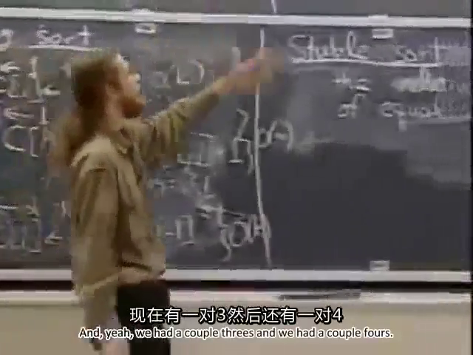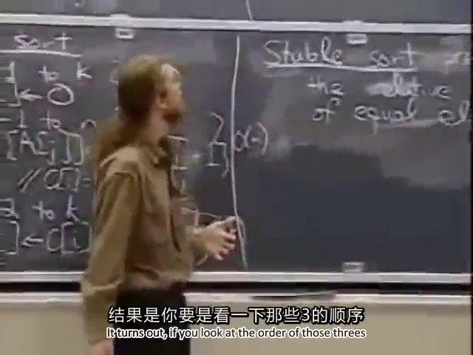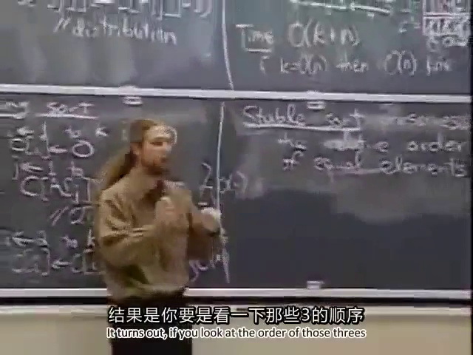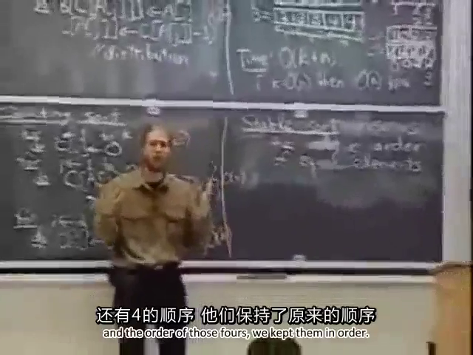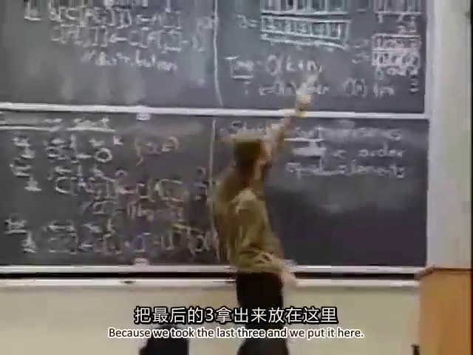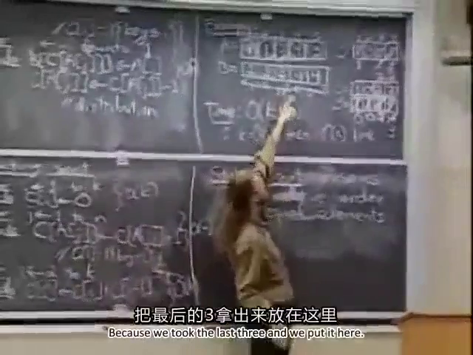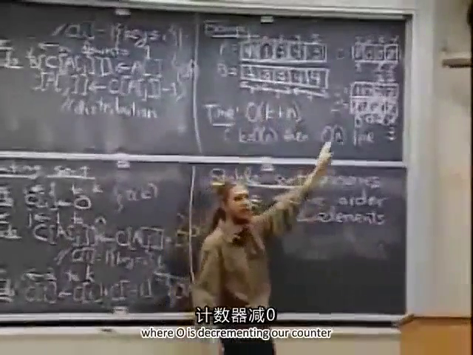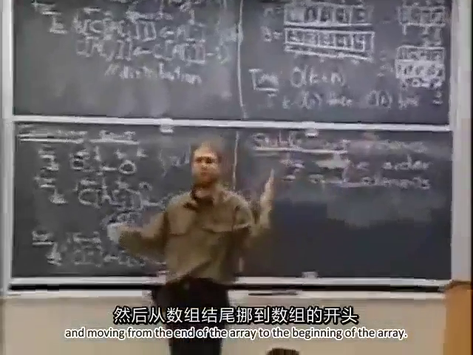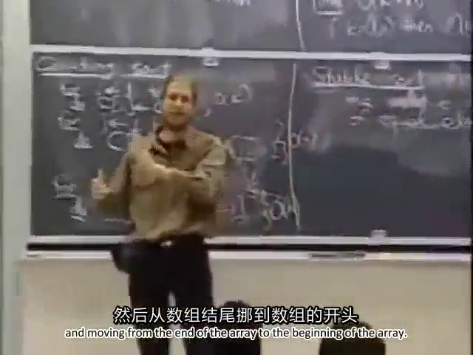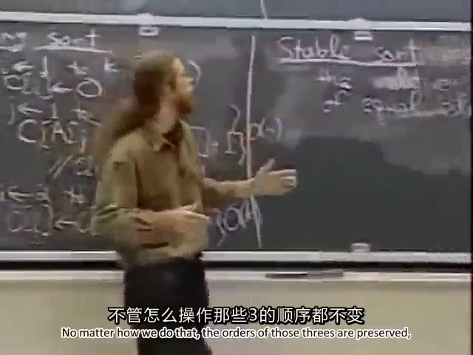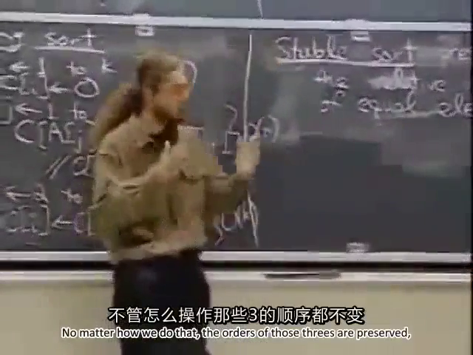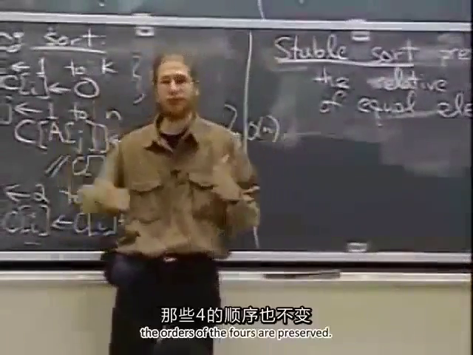And yeah, we had a couple 3s and we had a couple 4s. It turns out if you look at the order of those 3s and the order of those 4s, we kept them in order. So we took the last 3 and we put it here. Then we took the next to last 3 and we put it to the left of that. We're always decrementing our counter and moving from the end of the array to the beginning of the array. So no matter how we do that, the orders of those 3s are preserved. The orders of the 4s are preserved.